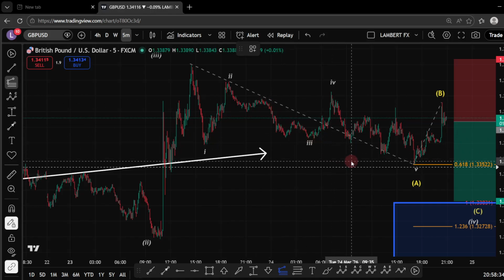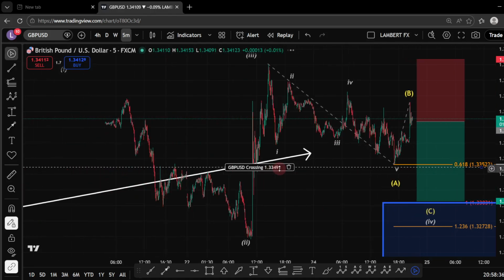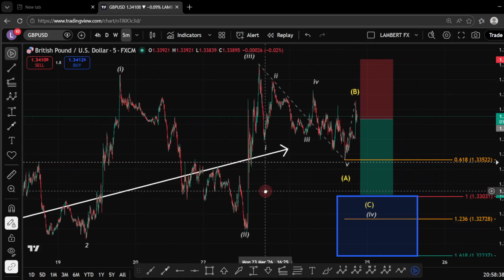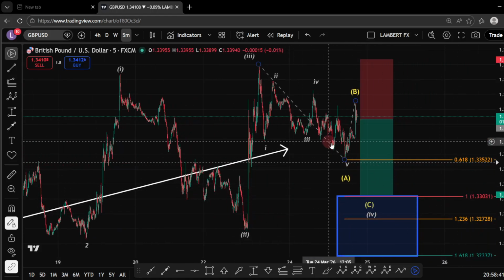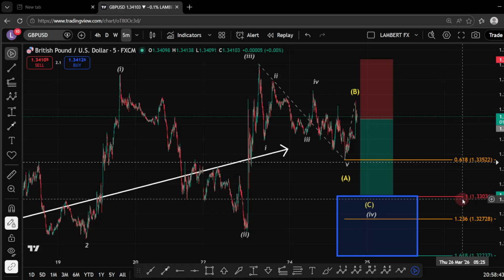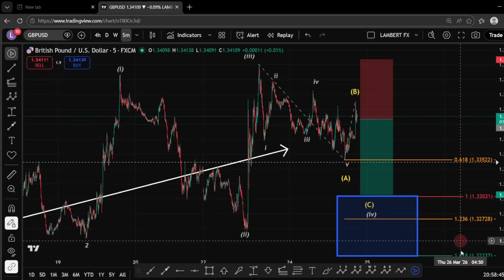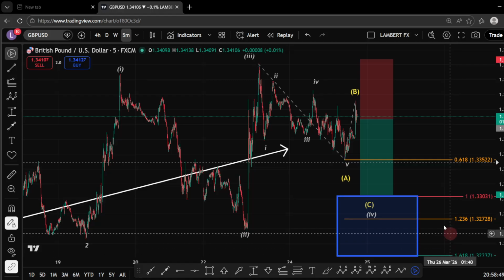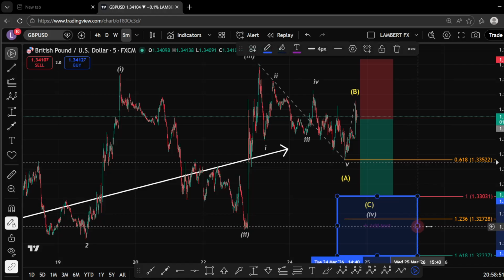Let's do that quickly. And then your correction should end between 1.0 to 1.618. So I've just put the blue box there.